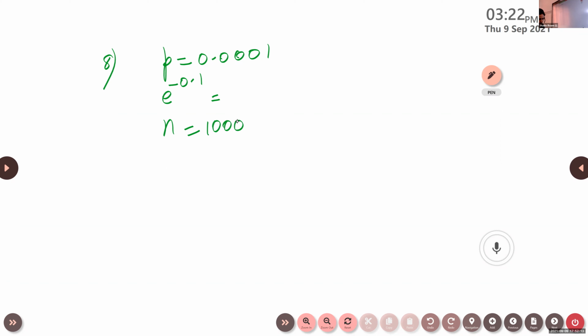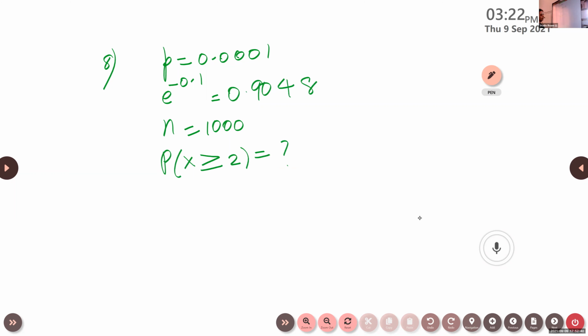We have to find P of x greater than or equal to 2. One value is given, e raised to negative 0.1 is 0.9048.